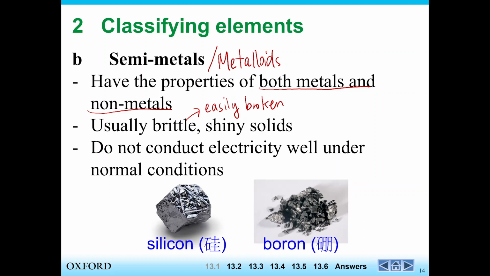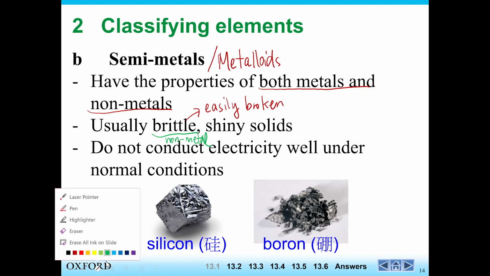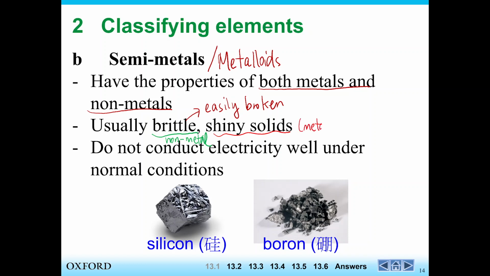Now this part, brittle, is this a property of a non-metal or a metal? This brittle bit is a property of a non-metal. But here it says it's also a shiny solid. This, on the other hand, is a property of a metal. So do you see it has both properties of a metal and a non-metal?